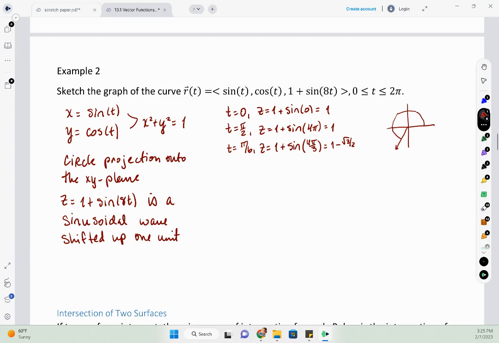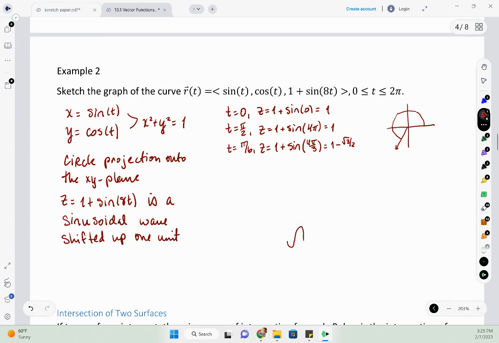So what I'm going to do is take my sinusoidal wave and wrap it around my z axis, because z is equal to 1 plus sine of 8t. So I've got a sinusoidal curve that projects down to the xy plane as a circle. Let's see how to make that happen. All right, this one's kind of hard for me.